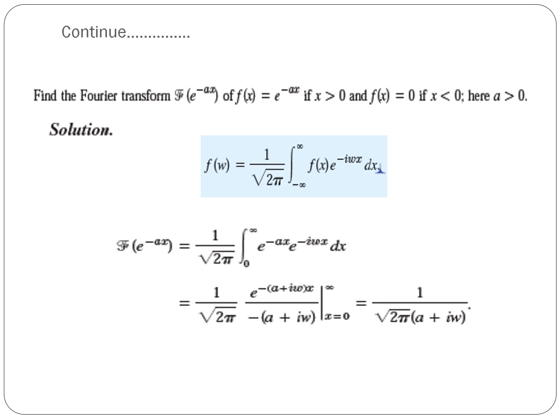So the answer becomes 1 by root of 2 pi e raised to minus of a plus i omega x divided by minus of a plus i omega between the limits 0 to infinity. Apply the upper limit and lower limit. The answer becomes 1 by root of 2 pi into a plus i omega.